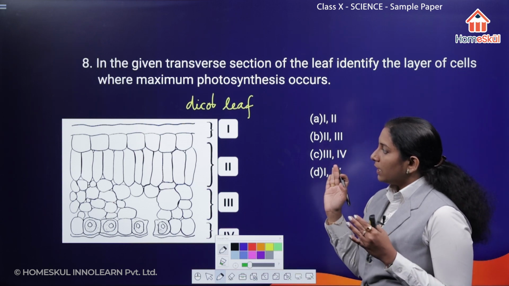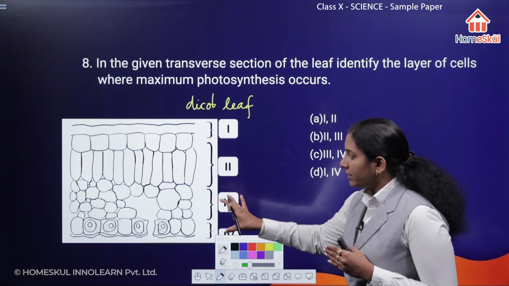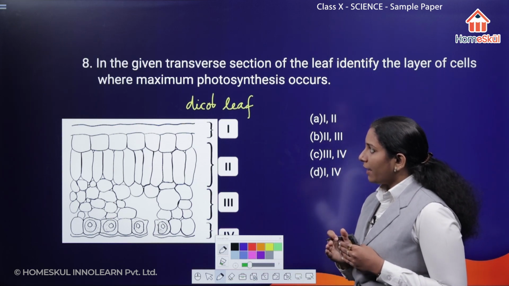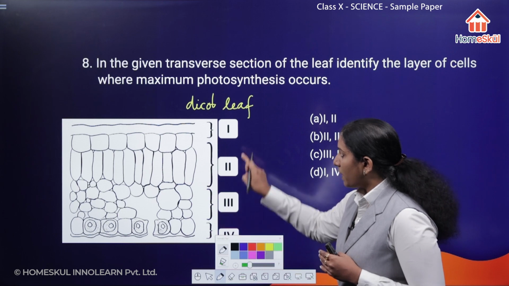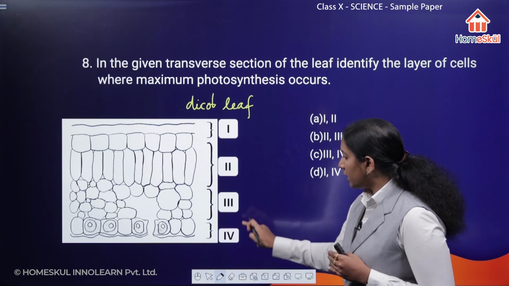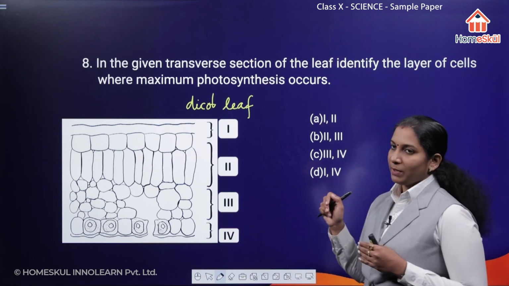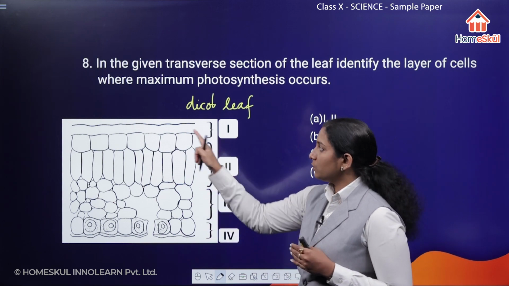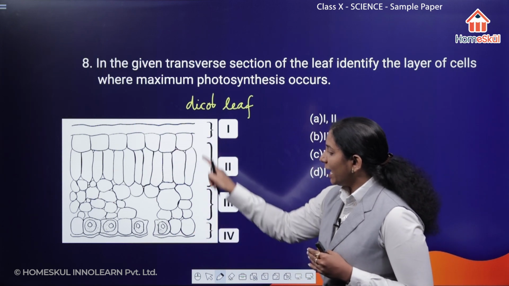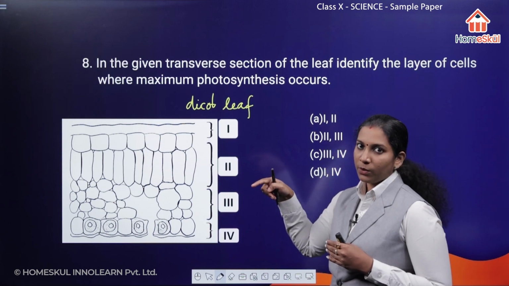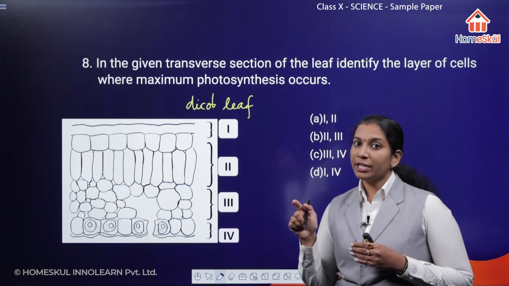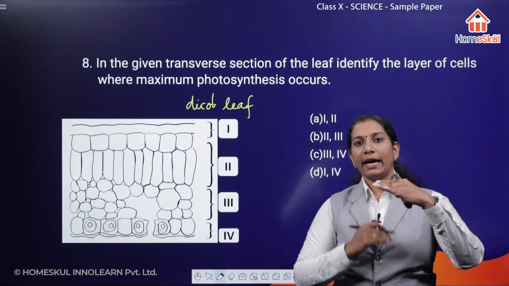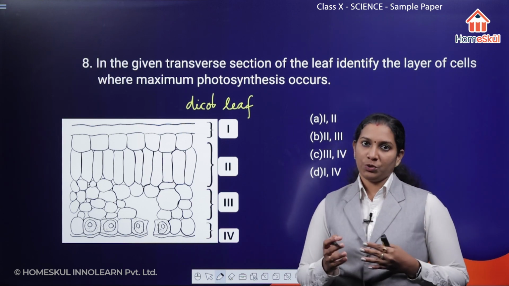Okay, so this dicot leaf will have certain anatomical peculiarities, so first we have to identify each of these parts which are labeled as 1, 2, 3 and 4. Then we have to read the question. So first each of the parts you have to identify. So this is somewhat the epidermal layers that you can see. Okay, in the anatomy of a leaf, you know, it will have an upper and a lower epidermis, and in between that you can find the ground tissue, right?